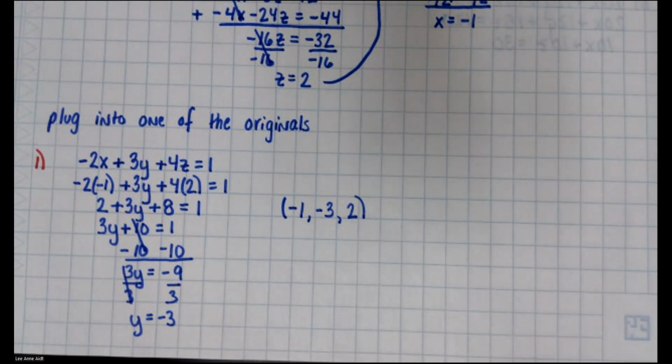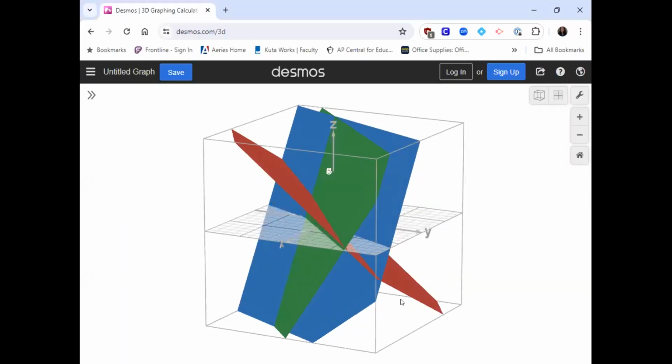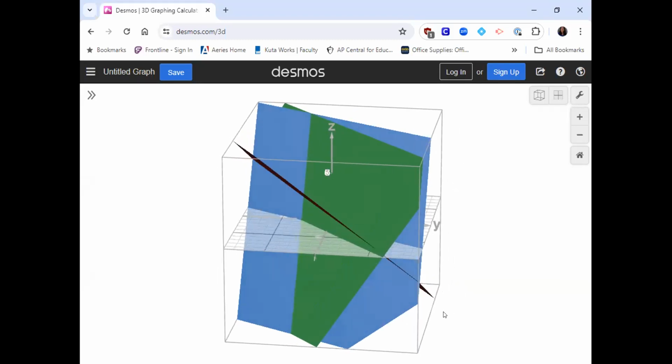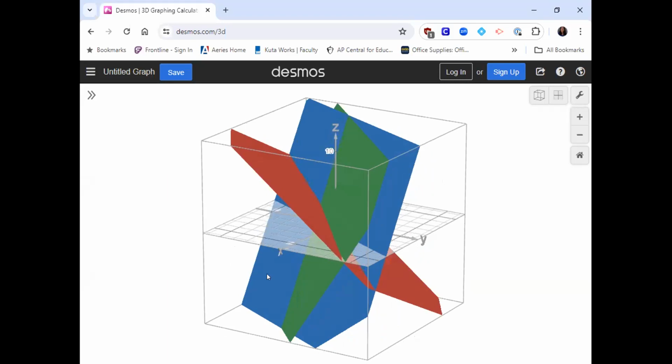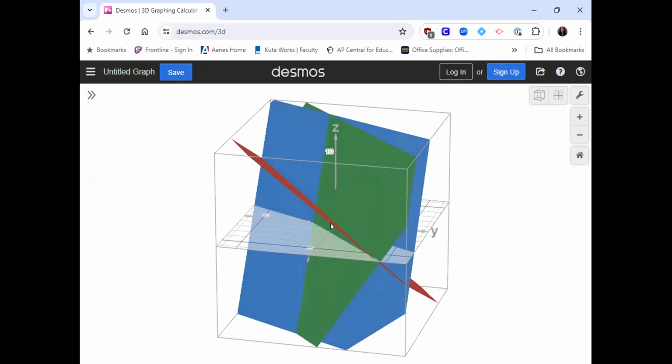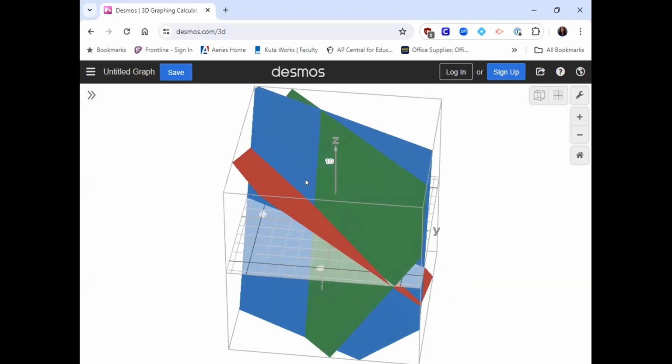What we're going to do next is go back to Desmos and see if we can figure out the answer -1, -3, 2, and if it makes sense. Okay, so first I'm going to look at the x-axis, which is right here. Here's the point.